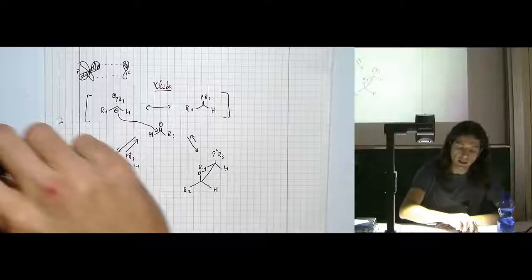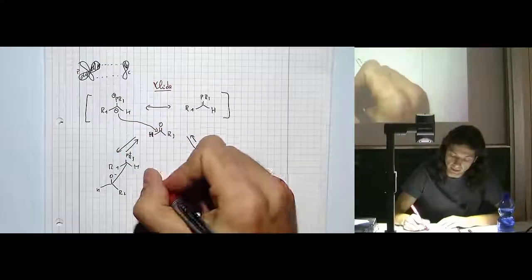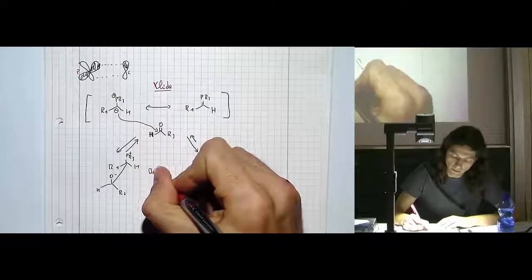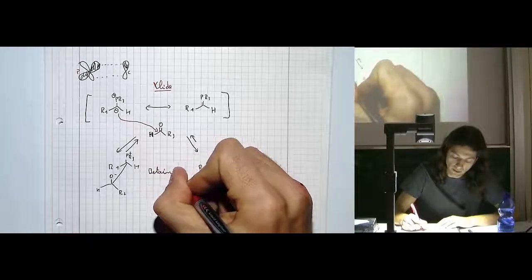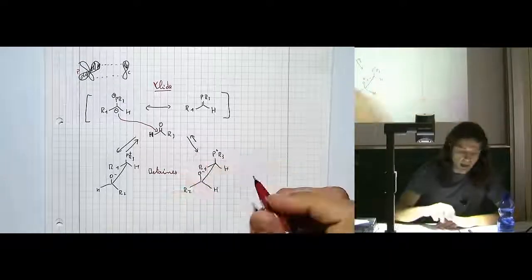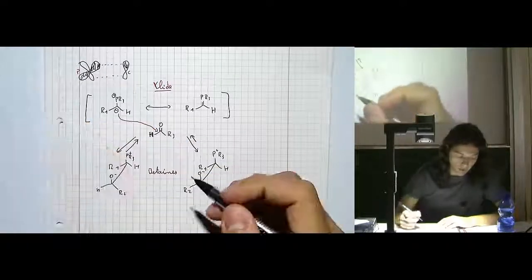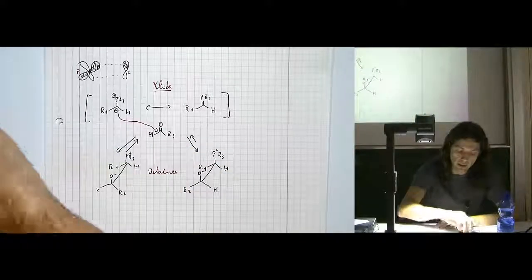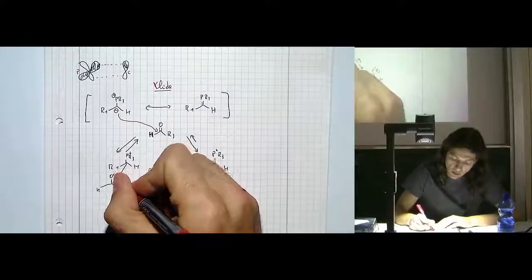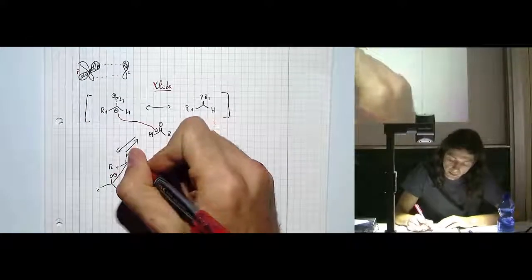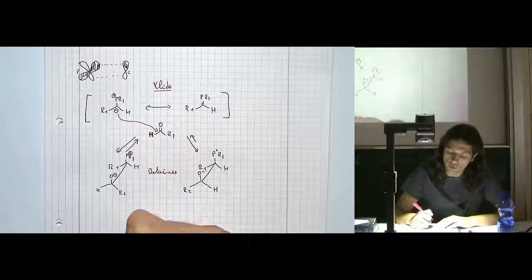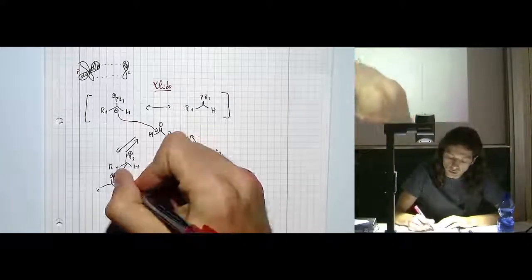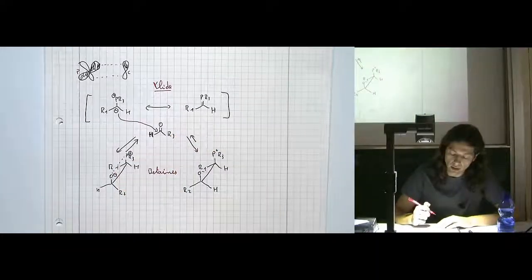This intermediate in this case is called a betaine, and evolves to give the oxaphosphetane. Of course, we have here a plus charge on the oxygen and a negative charge and a plus charge in the phosphonium, and then it's just the collapse of these two charges.